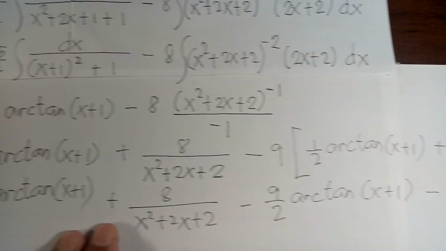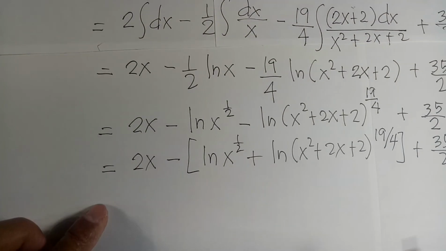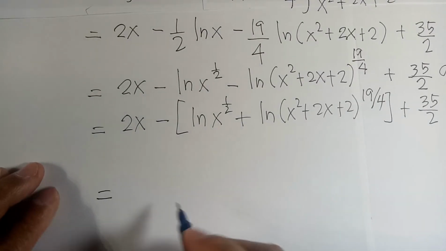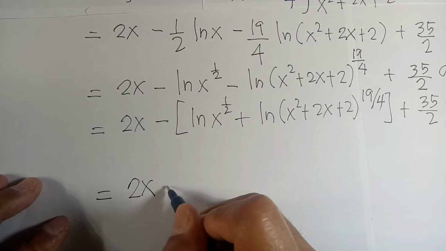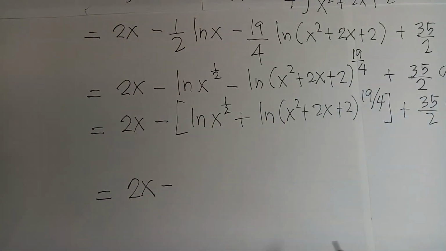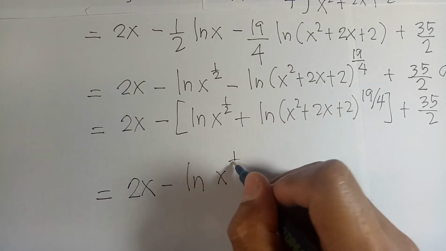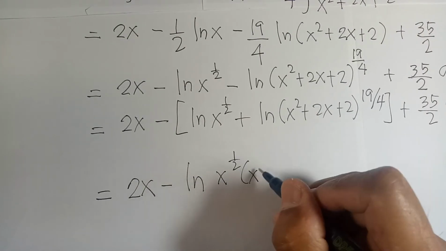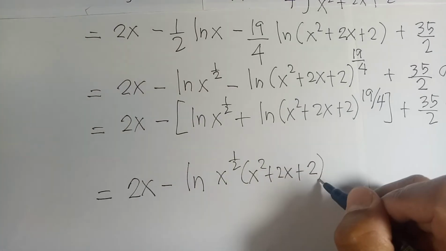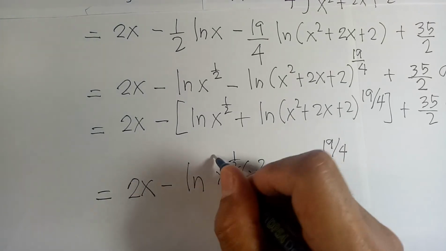Okay, now let's group the similar terms, the like terms, together. So this is equal to 2x. Here we apply the logarithm of a product, so it becomes ln of x raised to 1/2 times x squared plus 2x plus 2 raised to 19 over 4, absolute value.